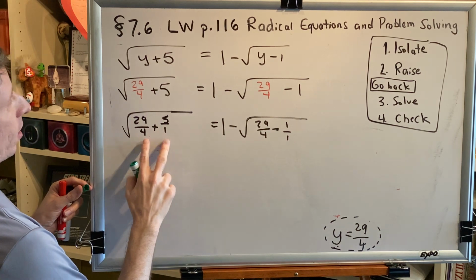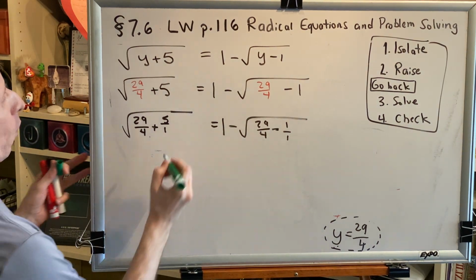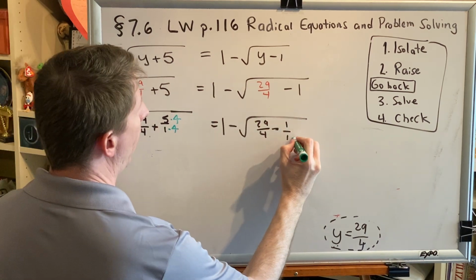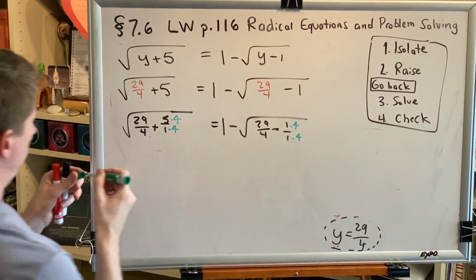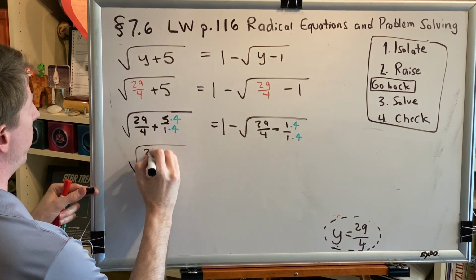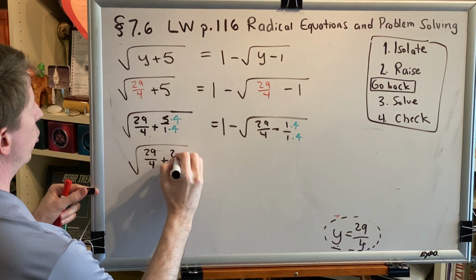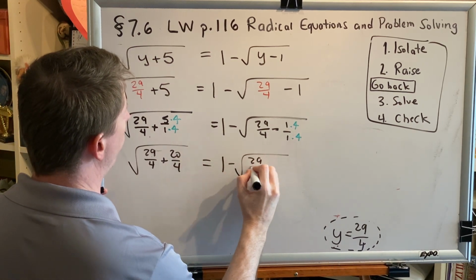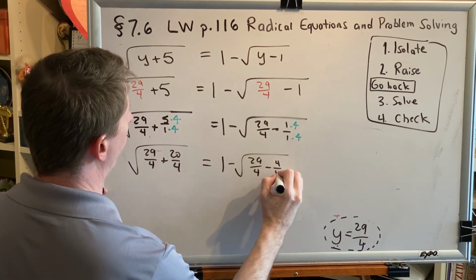So the denominators here are 1 and 4. We want them both to be 4. So we multiply top and bottom by 4 here and here. This gives us the square root of 29/4 plus 20/4 equals 1 minus the square root of 29/4 minus 4/4.